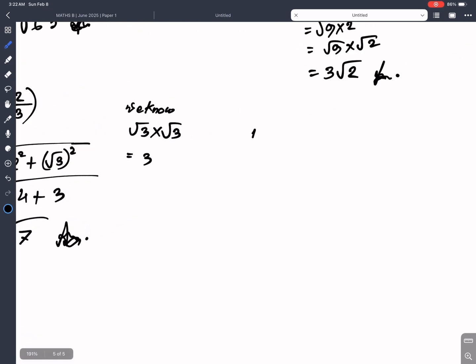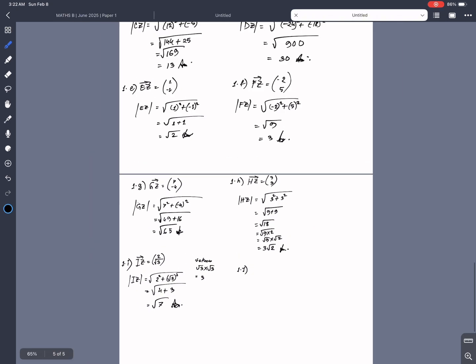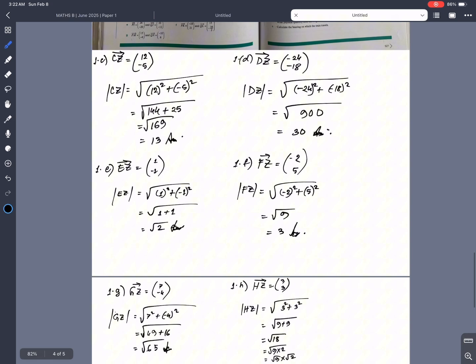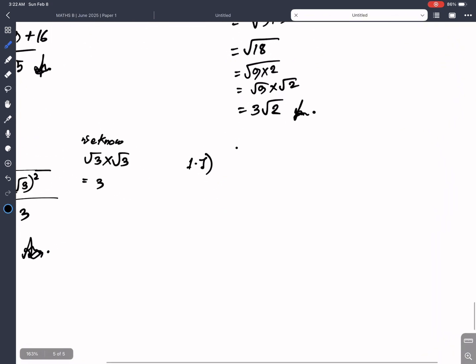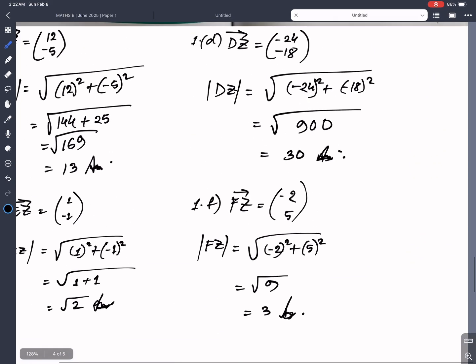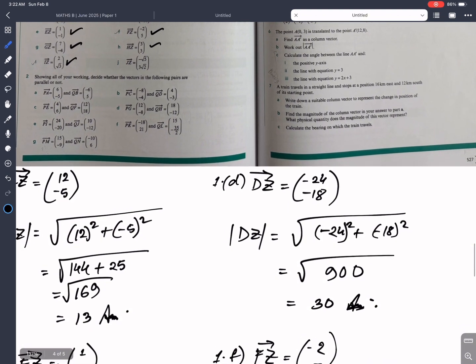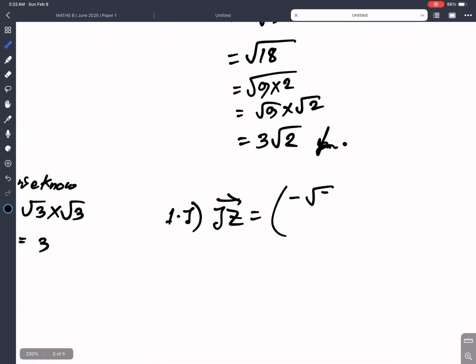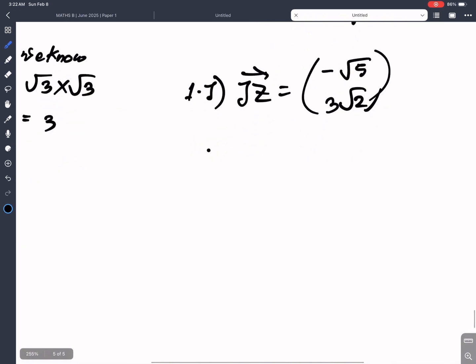Now we have 1J. JZ vector, (negative root 5, 3 root 2). So this is the column vector.